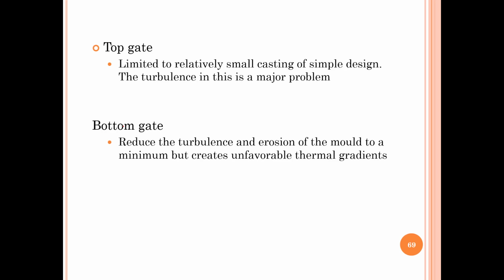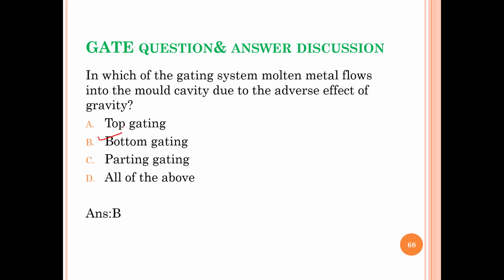In the bottom gate, it reduces the turbulence and erosion of the mold to a minimum, but creates an unfavorable thermal gradient. So we have to select the bottom gate.